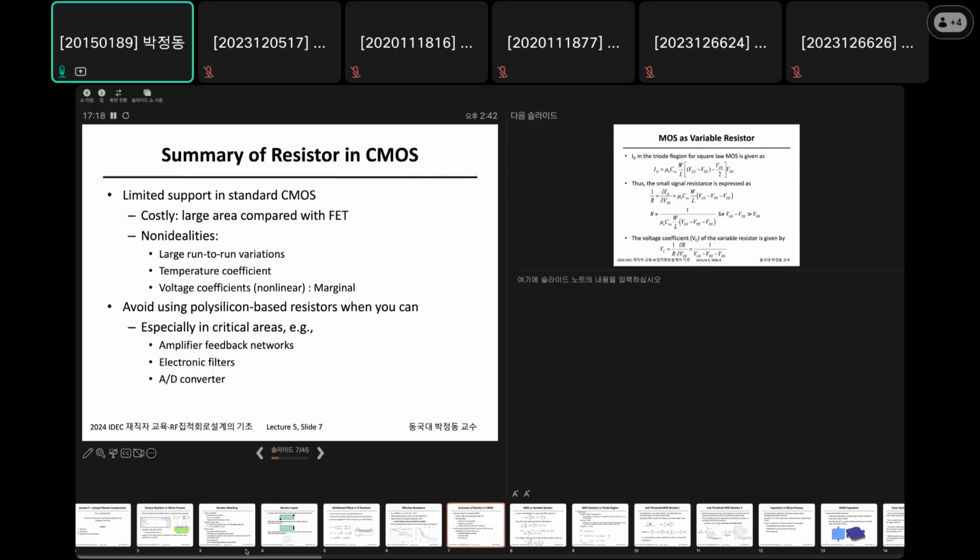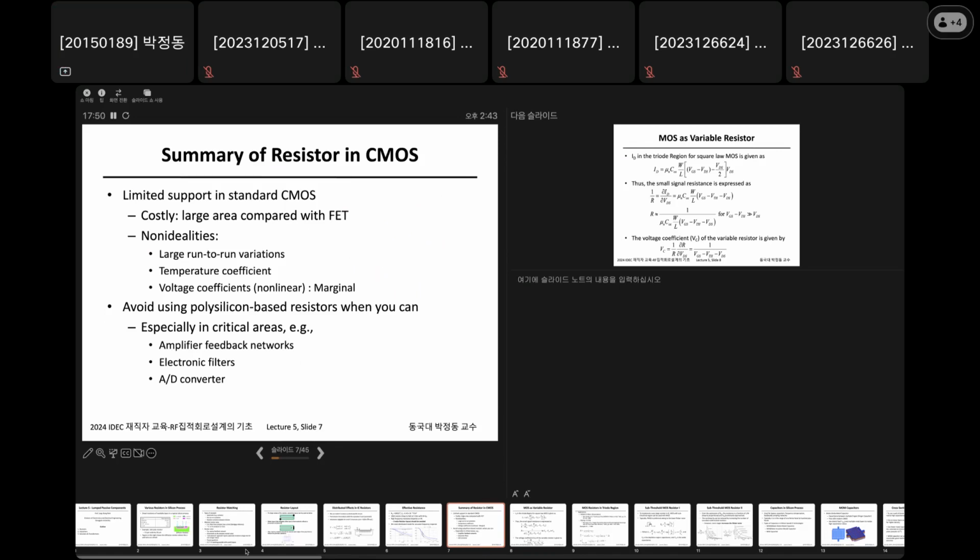Okay, so in CMOS, specifically in standard CMOS, the resistor size, the area occupancy, is money in an integrated circuit. As can be seen here, the resistor itself is a very area-consuming component.